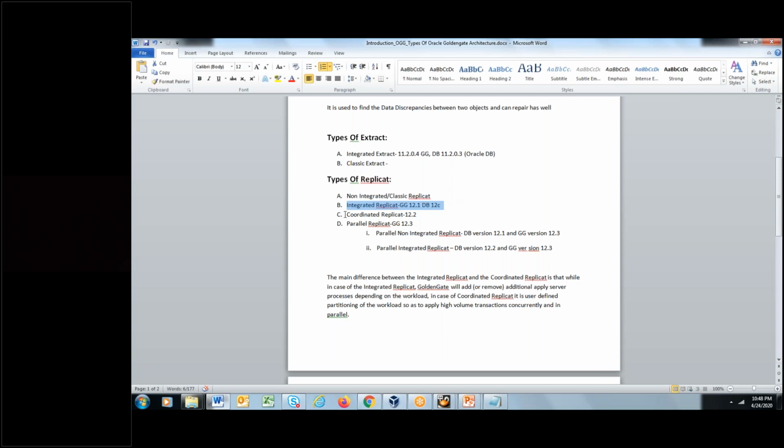Now in coordinated replicate, you divide a main replicate, say replicate 1, into 3 separate replicates, just as an example. If you have 100 transactions to be replicated and you configure coordinated replicate, you'll define a range. Transaction numbers 1 to 33 will be managed by replicate 1.